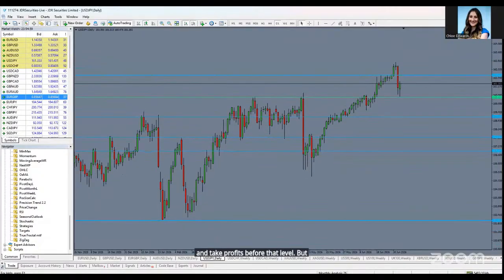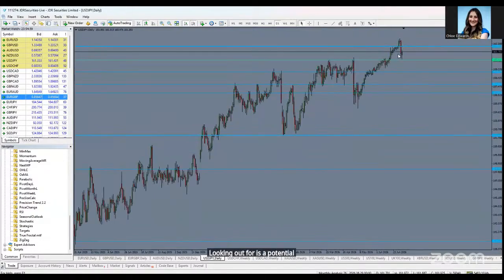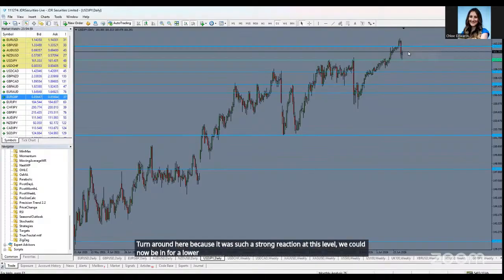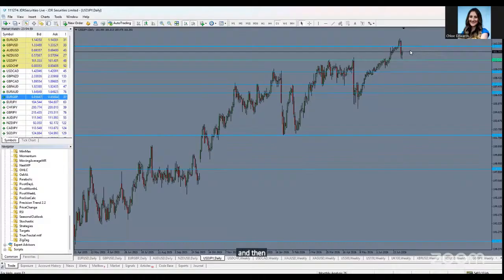But the other thing I will be looking out for is a potential turnaround here. Because it was such a strong reaction at this level, we could now be in for a lower high and then a further move to the downside. So as things currently stand, I am bullish, but this horizontal level really is in the way for me at the moment.